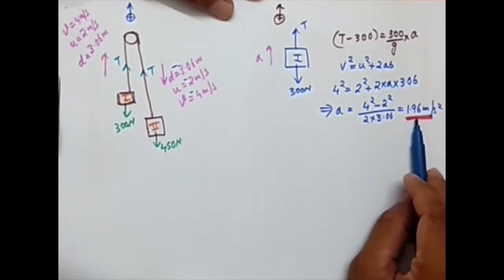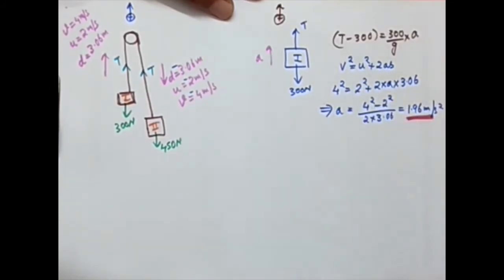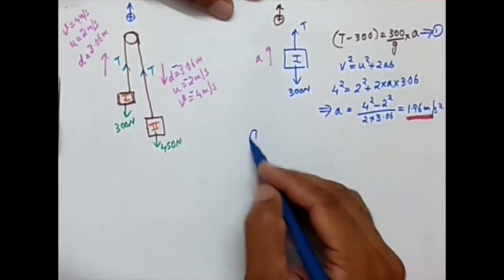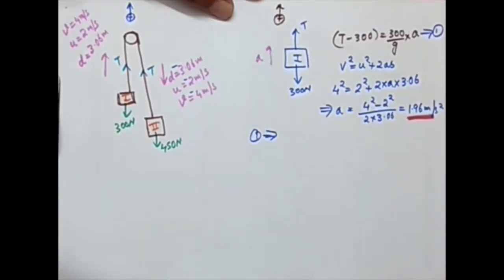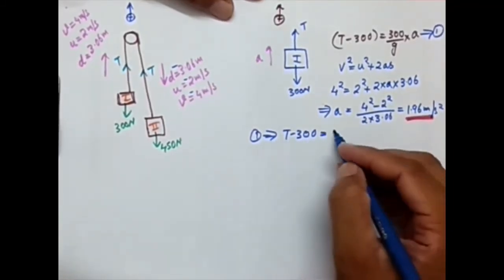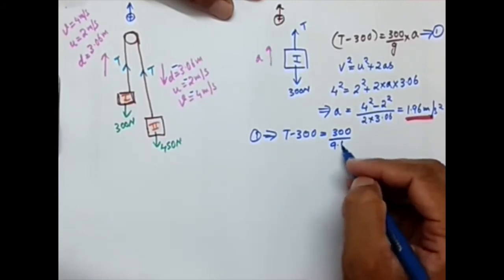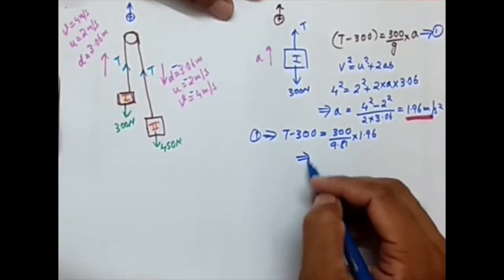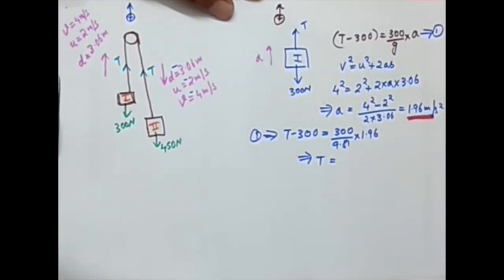Once we have this value, we can back substitute in here. So this equation, say this be equation 1. So equation 1 becomes T minus 300 is equal to 300 by 9.81 into 1.96, which implies T is equal to, let's calculate that. 300 divided by 9.81 into 1.96 plus 300.